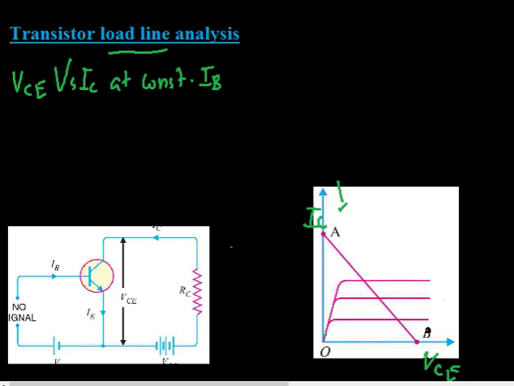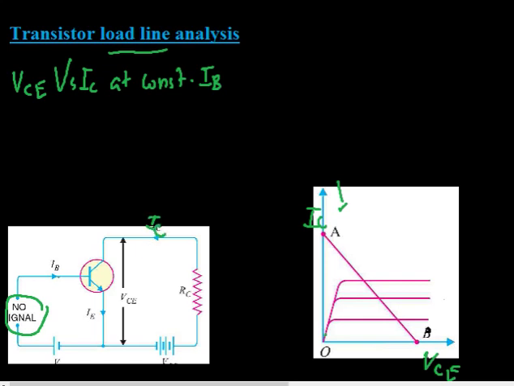Now let's consider a transistor circuit with no signal. So we are not applying any signal, so the signal is 0 here. The circuit will always have the DC conditions.